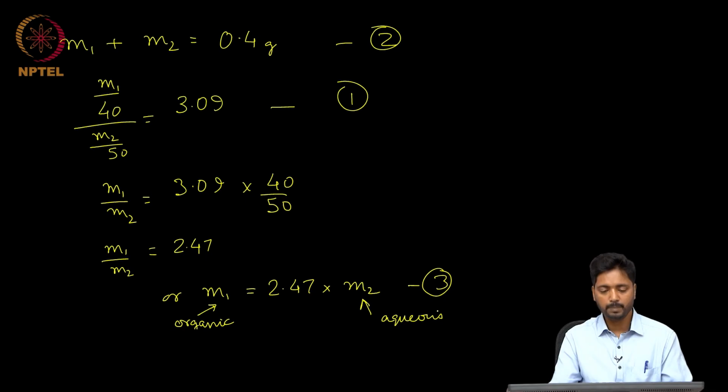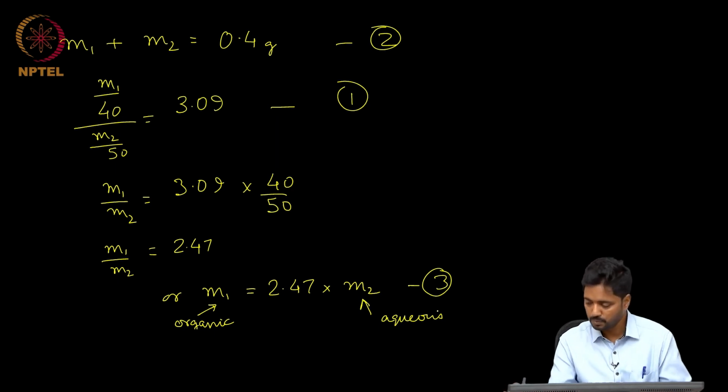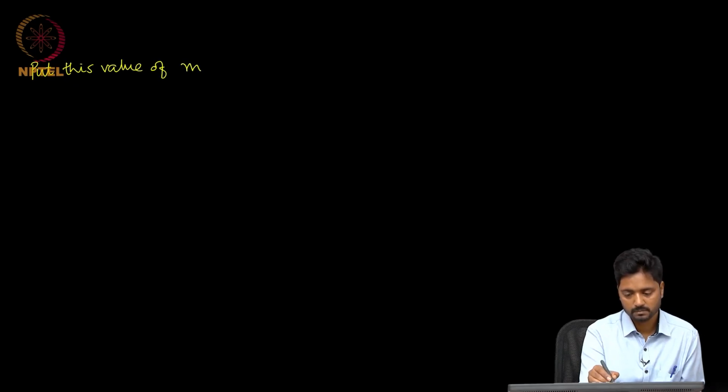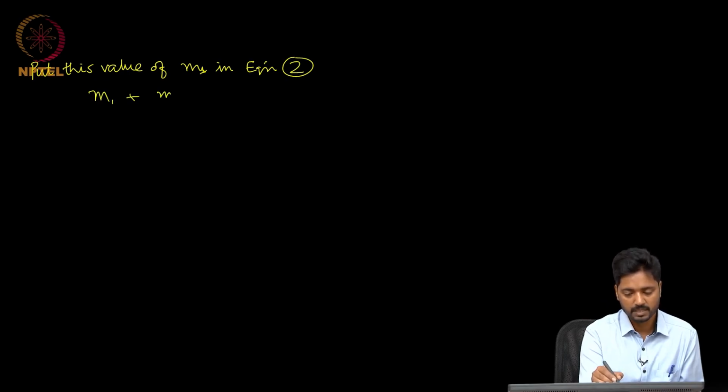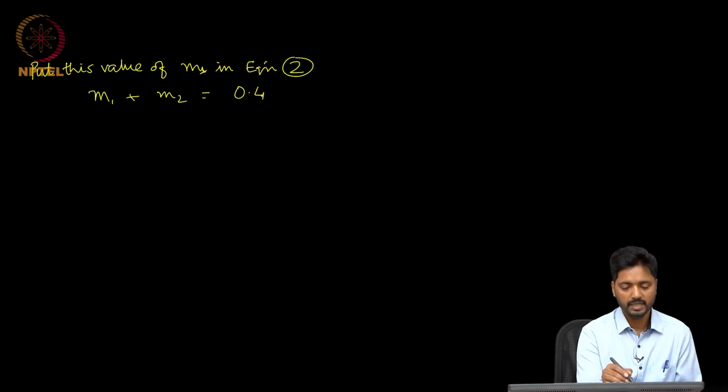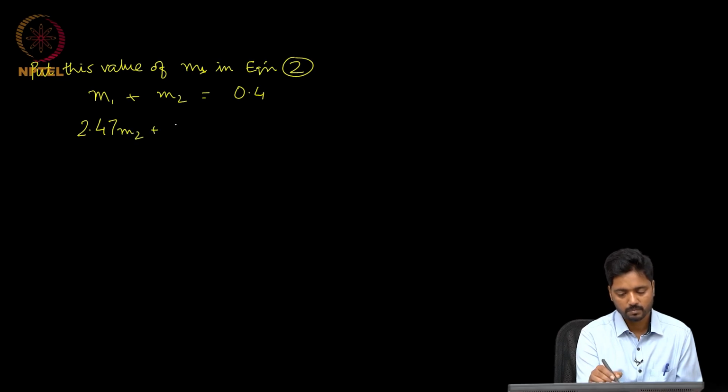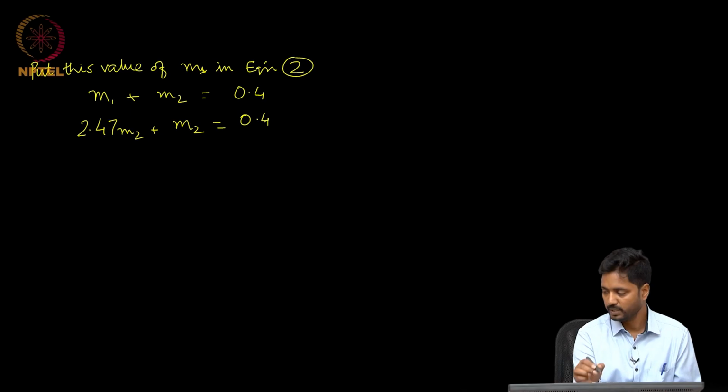When we plug this value of M1 into equation 2, which said M1 plus M2 equals 0.4, we get 2.47 M2 plus M2 is equal to 0.4.